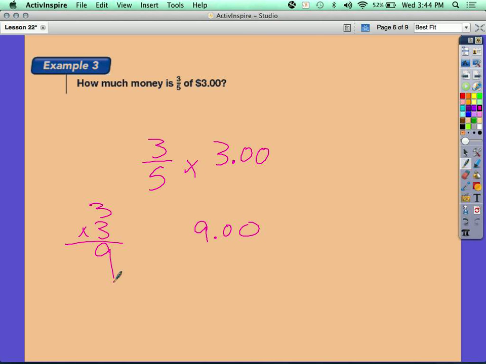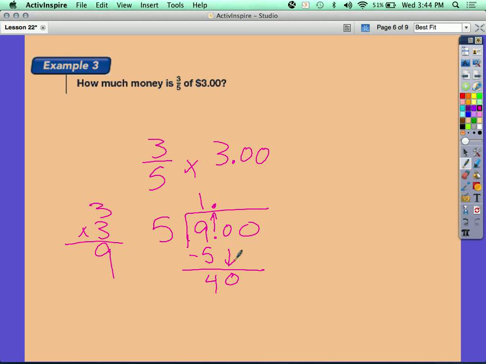Okay, showing my work there. Now I'm going to divide by 5. The first thing I should do, since I have a decimal point when I'm dividing, is bring that decimal point straight up. Okay, 5 goes into 9 one time. Do my subtraction, we have 4. Drop my 0.